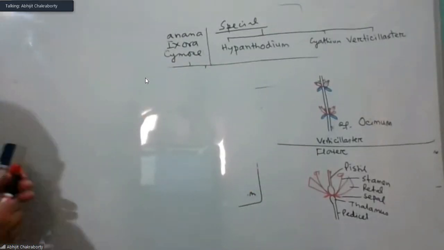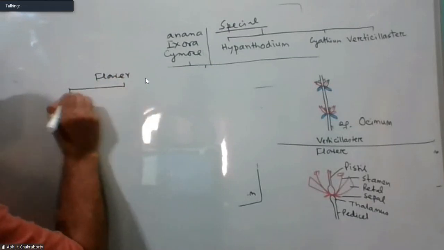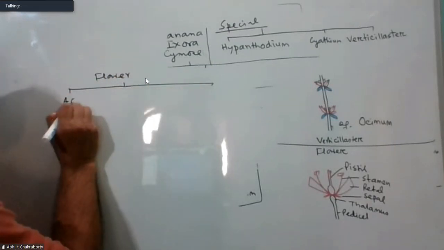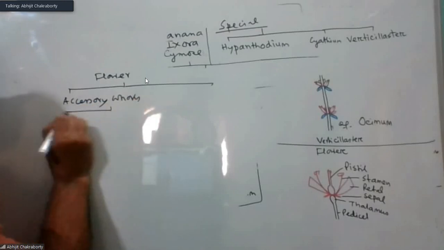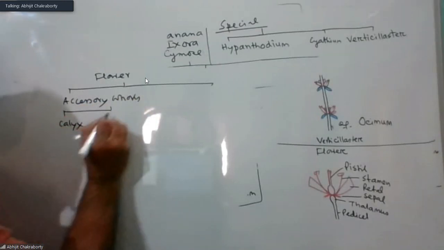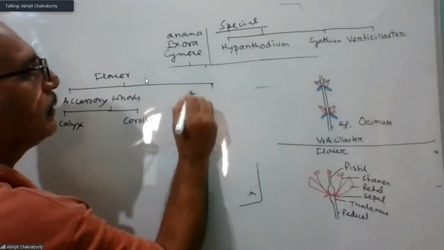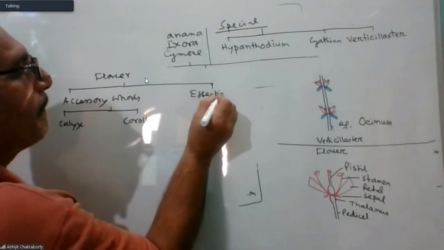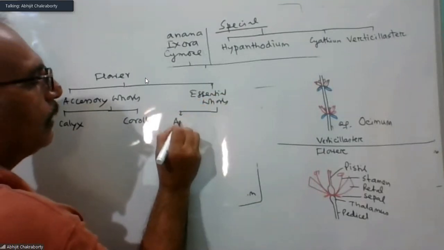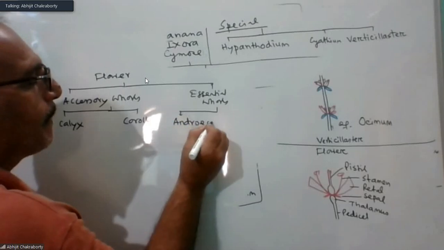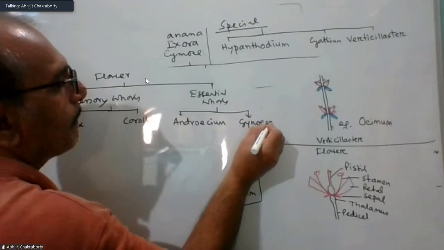Look here. So if I go to classify a flower, accessory whorls include calyx and corolla. Essential whorls include androecium and gynoecium.